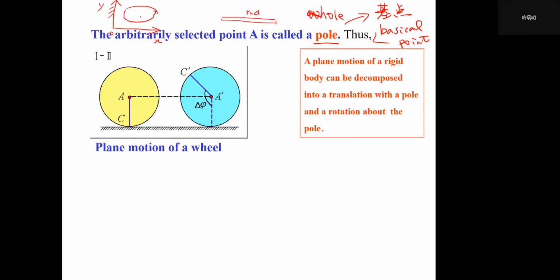From this vertical direction, which is perpendicular to this plane, this rod will poke a hole into here. Can you guys understand my description? We use a long rod to poke this plane figure into a hole.